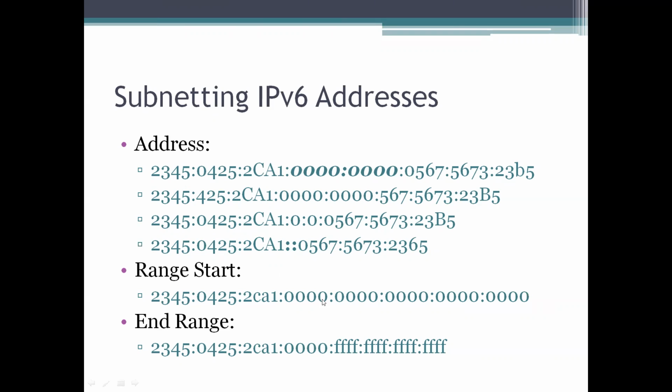Now remember, we can simply apply our double colon procedure to the zeros. And bearing that in mind, our end range now becomes an ending of FFFF, FFFF, FFFF, and FFFF.